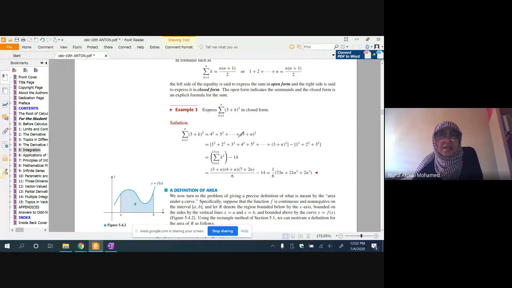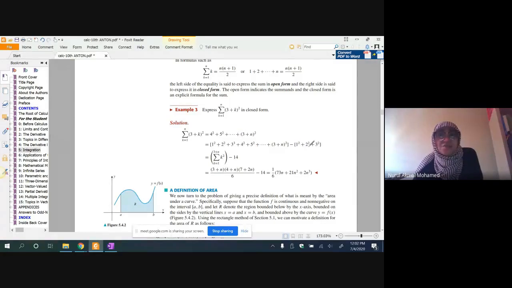And the nth expression will be 3 plus n squared. It means that we are missing some part if you want to continue from 1 squared. So you are missing 1 squared plus 2 squared plus 3 squared. These are the expressions that you are missing.